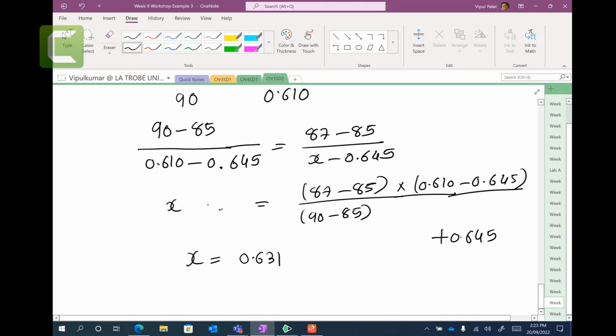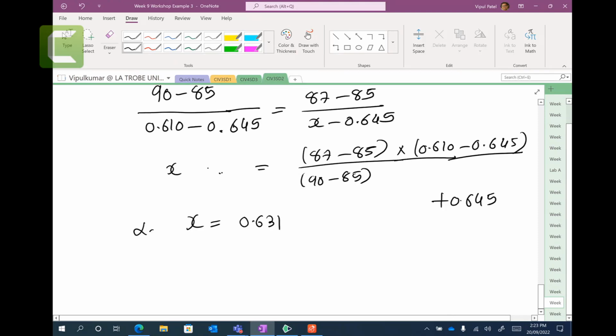All right, so this is your alpha c value. We have just done the interpolation.